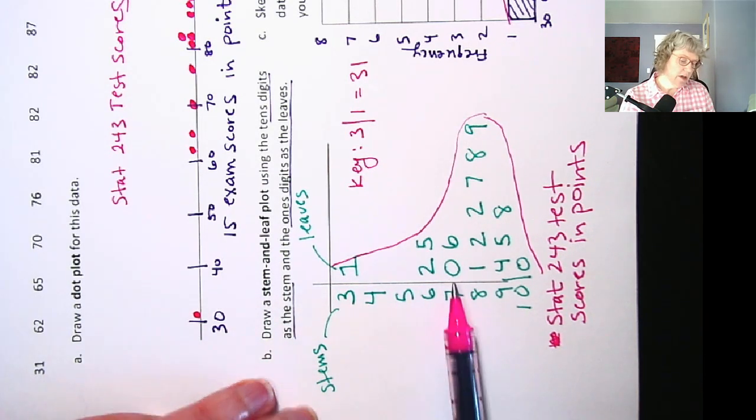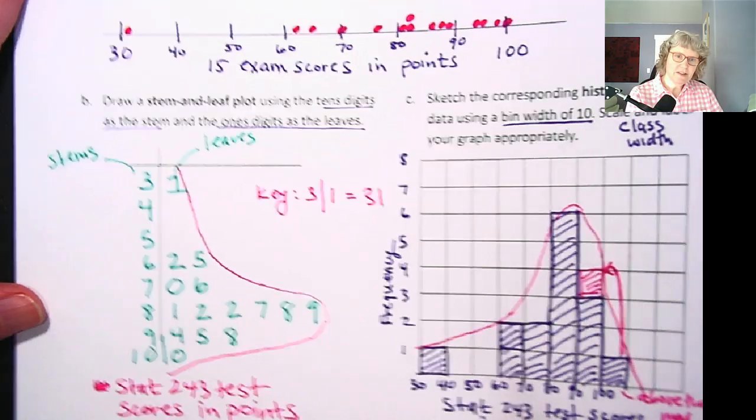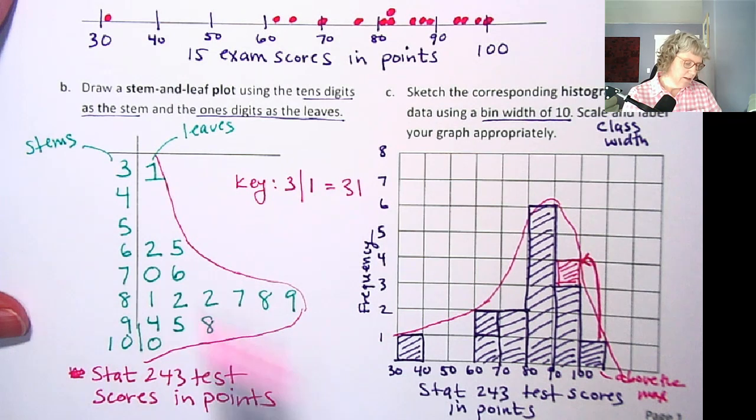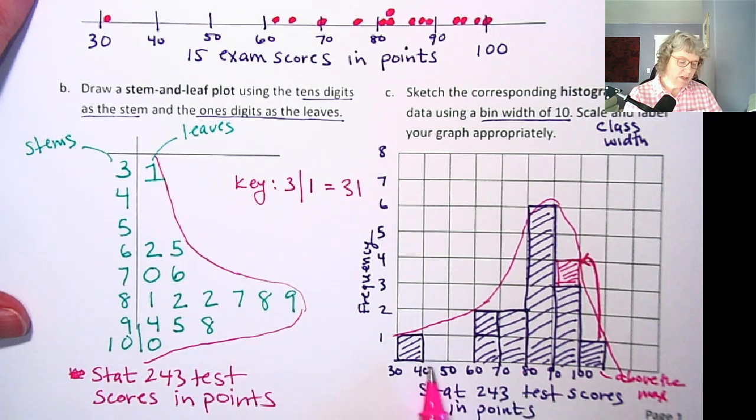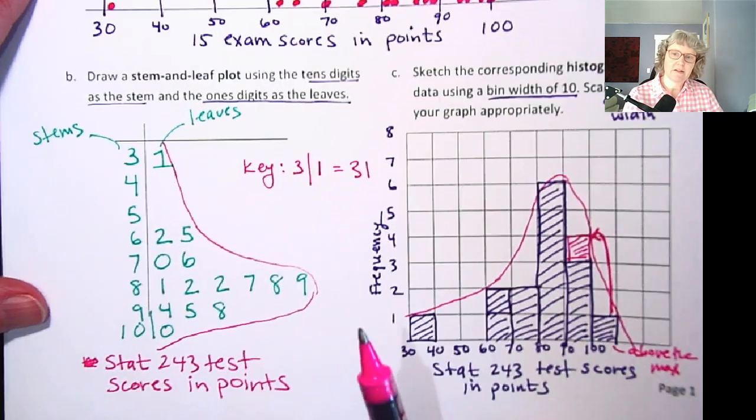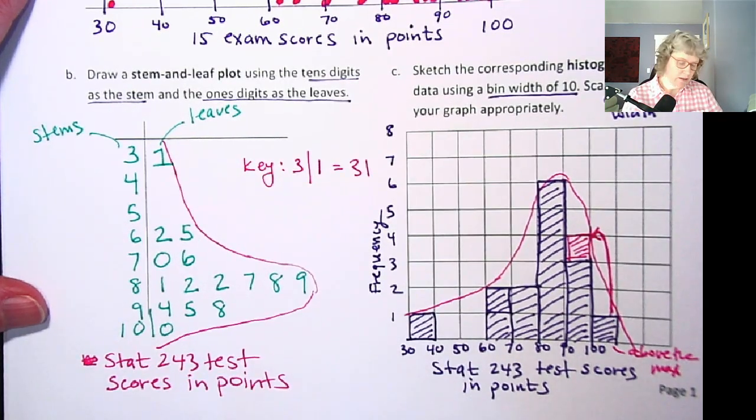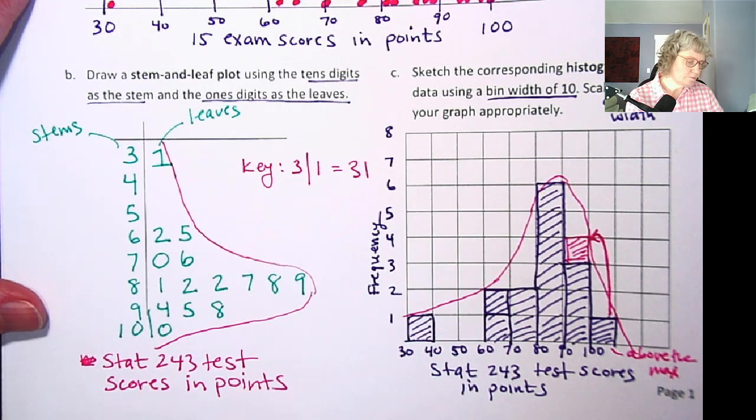So you can see, oh, I have a 70. Let me put it back. You can see I have a 70 and a 76. I have a 98. Whereas here you don't know, oh, well, it's somewhere between 30 and 40, right? Unless you go back to the actual data set, data values, you don't know.